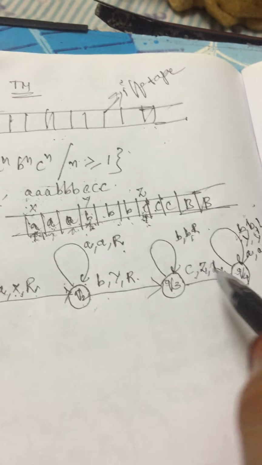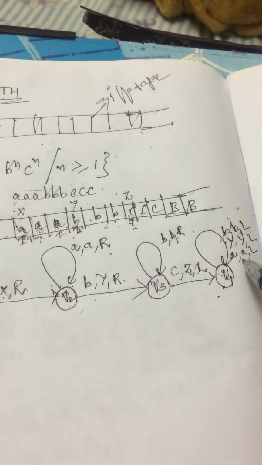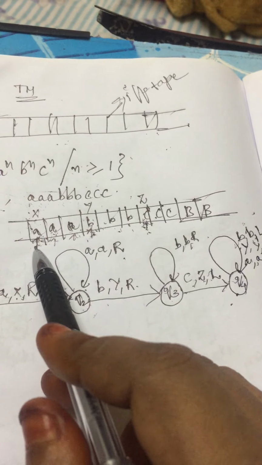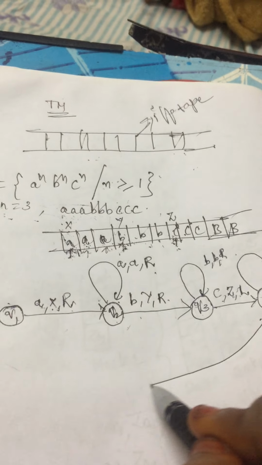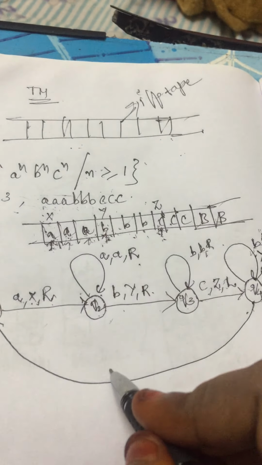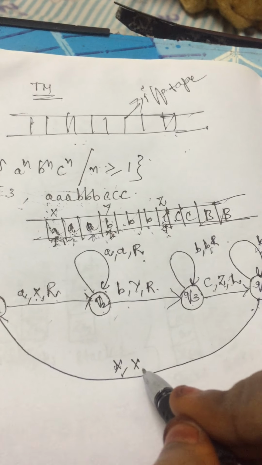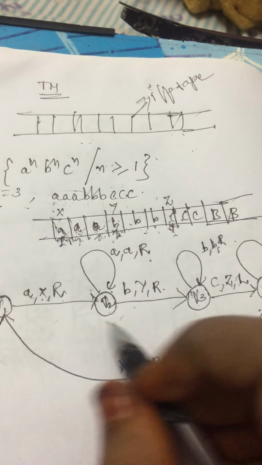So, that is the reason here, after it moves to the left direction till X, you have to simply connect this to the initial state. Now, this X will remain as X only. Now, move to the right direction.